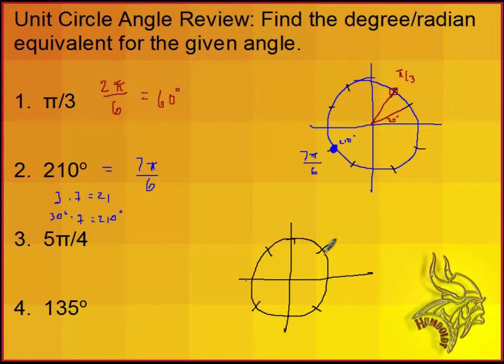Each quadrant has 2 sections of that circle. So 5 pi over 4, let's see, that'd be 0 pi over 4, 1 pi over 4, 2, 3, 4, 5 would be right here. So 5 pi over 4 lives right there.